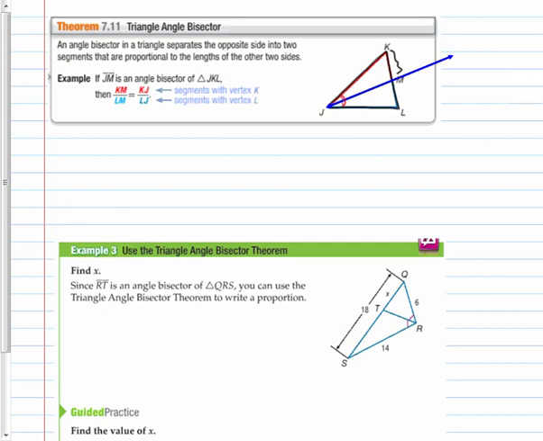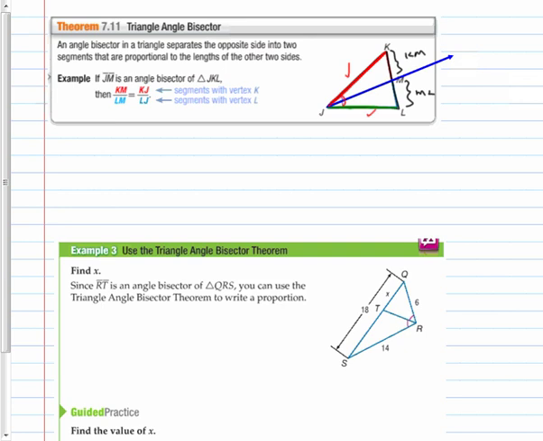Notice that angle bisector just chopped off two pieces right over there. This is KM, so that I can use the same letters they did, and this is ML. Those two segments are in the same ratio as these original sides of the triangle that weren't part of that angle bisector thing. These two right over here.